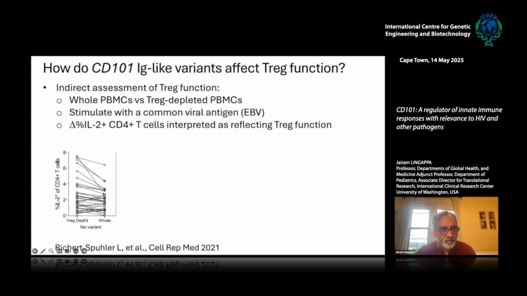And when you have whole PBMCs with functional Tregs, in general, that level of activated T cells comes down because of the regulatory T cell function.